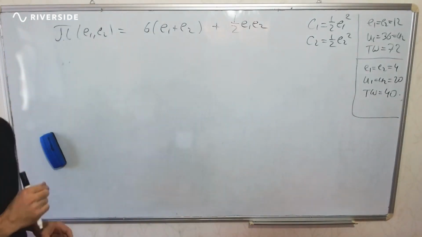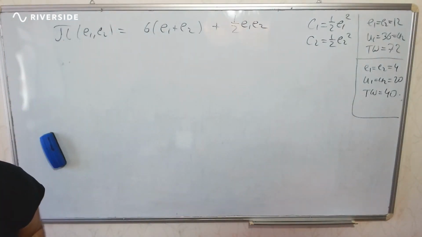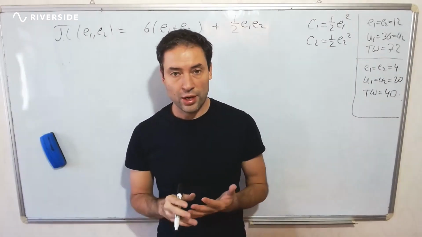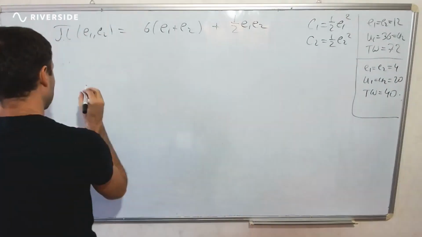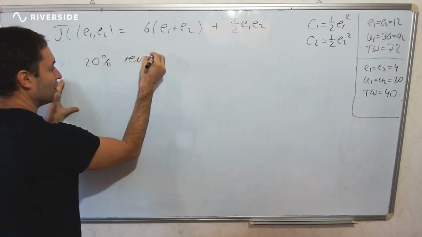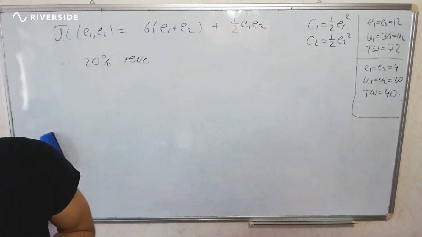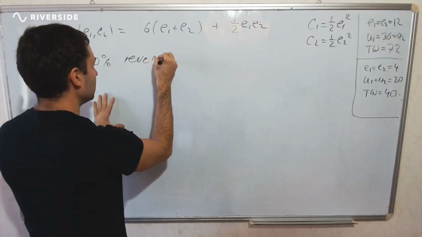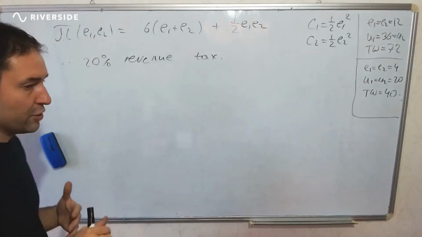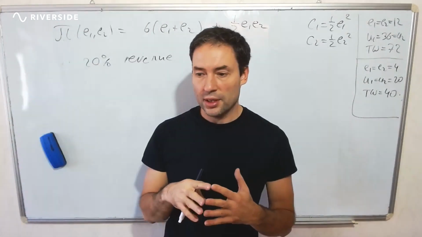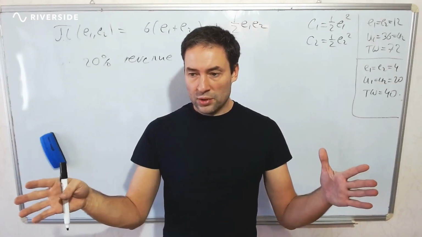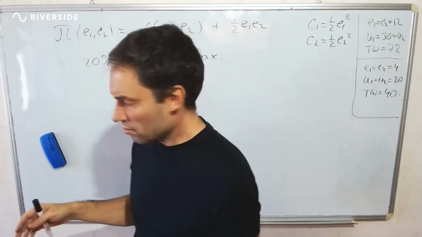And the last part of this question will be government is going to introduce a revenue tax at 20%. So 20% revenue tax. So effectively, what agents are going to keep is they earn some profit.